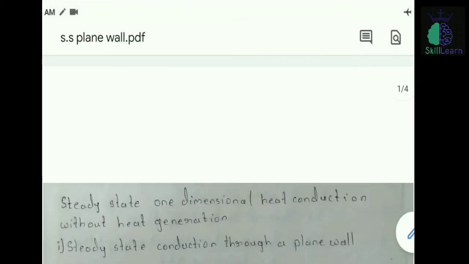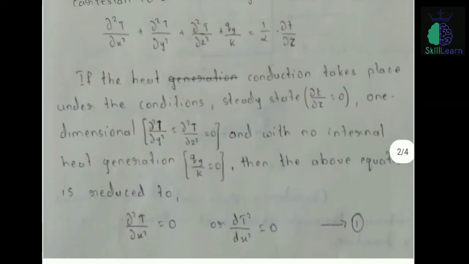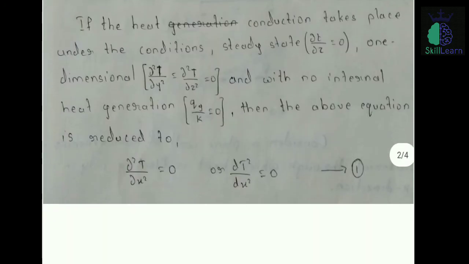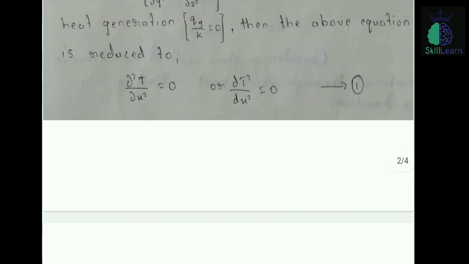The next condition is without heat generation, so the term qg by k will be eliminated. Then the remaining term will be del squared T by del x squared is equal to 0. As you can see here, all the other terms are eliminated, and only this one remains.